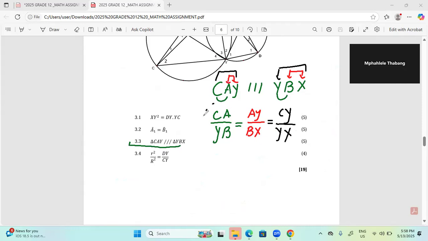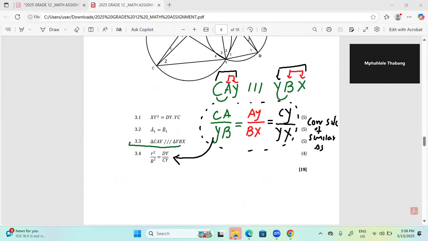Now compare this. The reason is corresponding sides of similar triangles. Remember, we have proven that the triangles are similar. So you have to compare this to where you want to go. You want to come to this one.